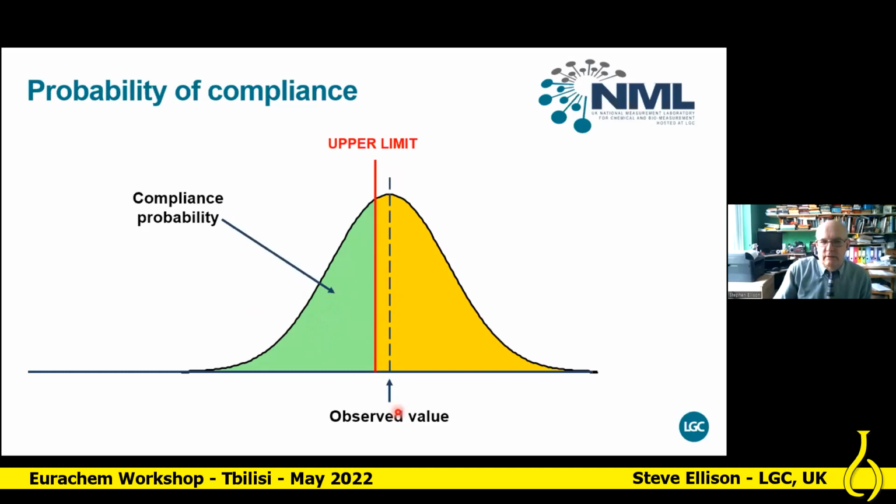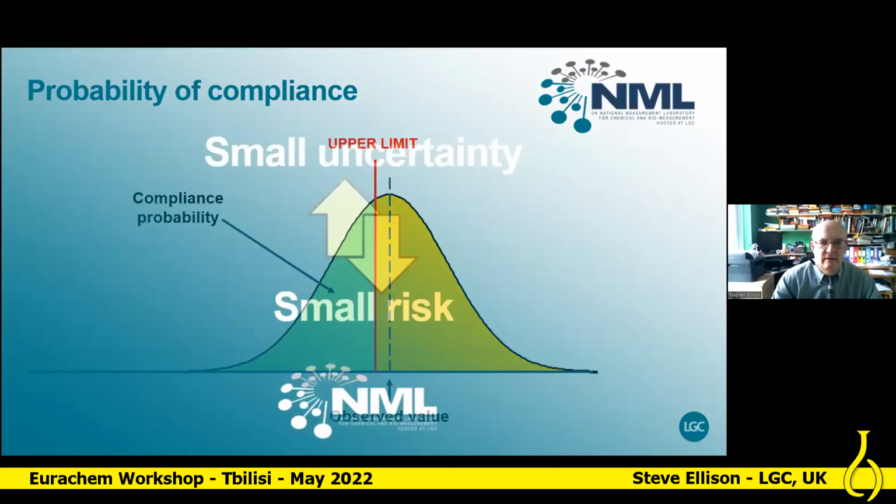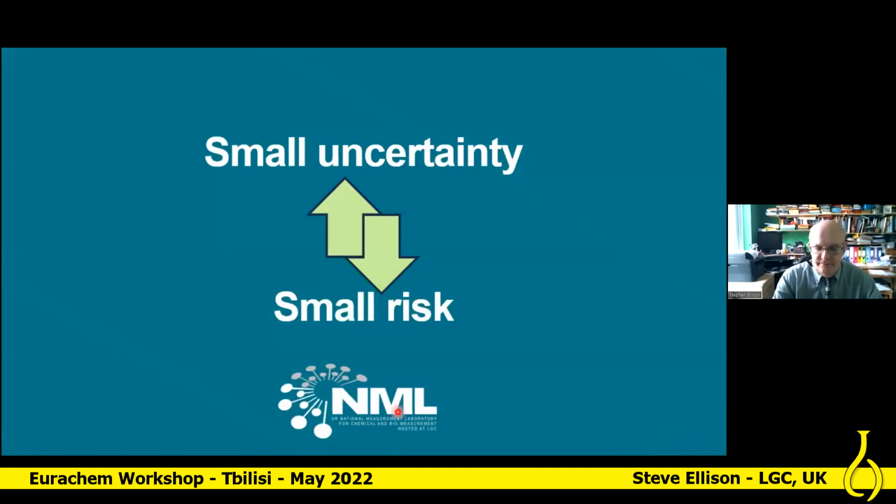If we want to control that risk, if we want to make that small, the simplest way of doing it is to keep the uncertainty small. Usually, in these circumstances, with simple acceptance, a small uncertainty means that the risks of false declarations are small. The other way of looking at it is that if we want small risks of false declarations, we need a small uncertainty, which is why those arrows go both ways.